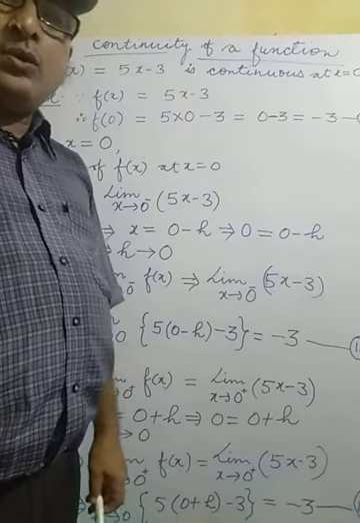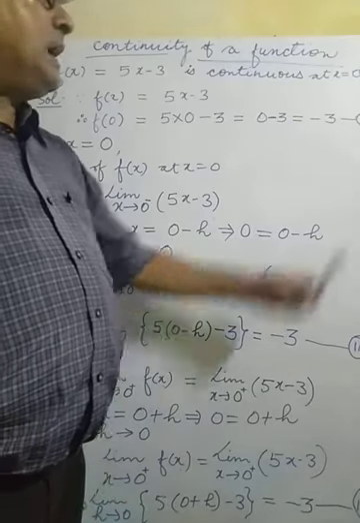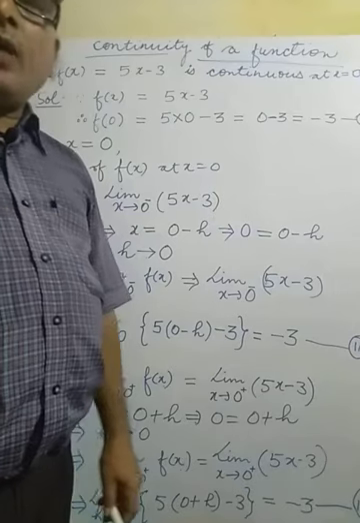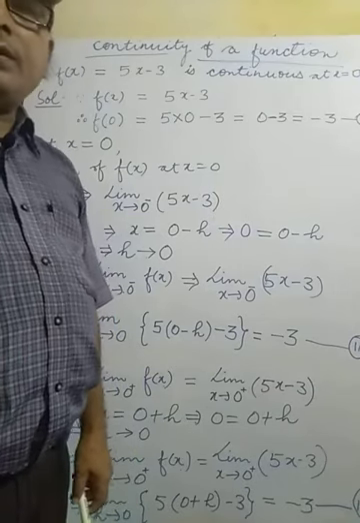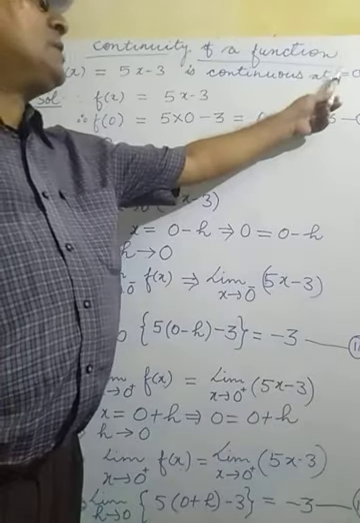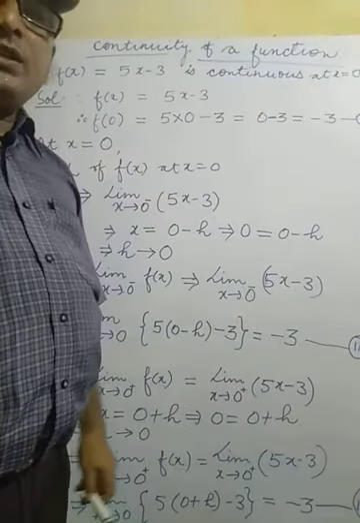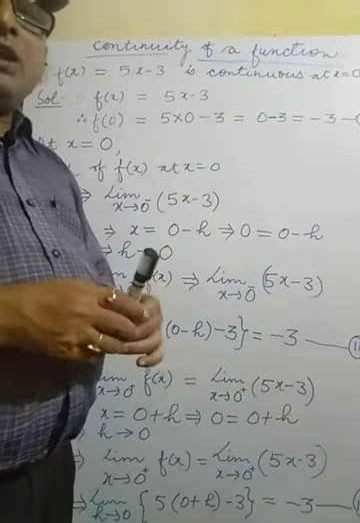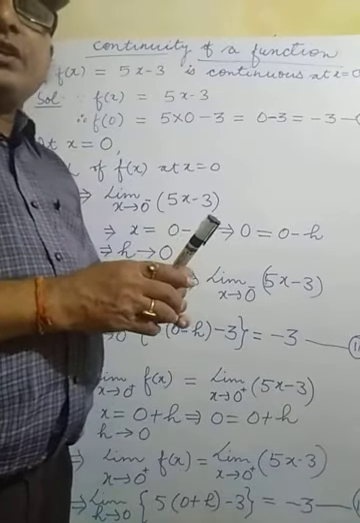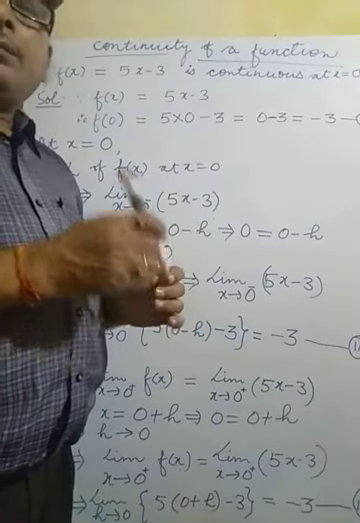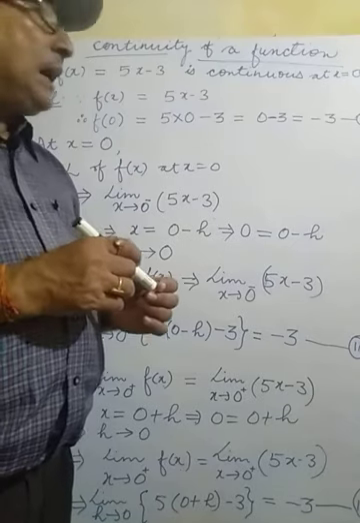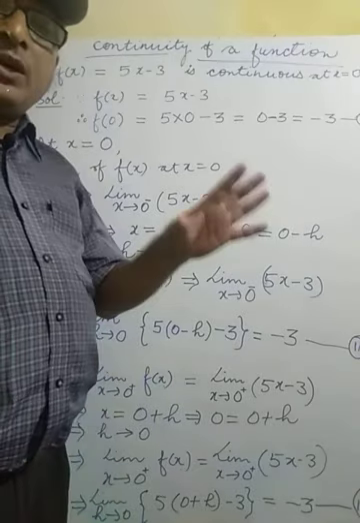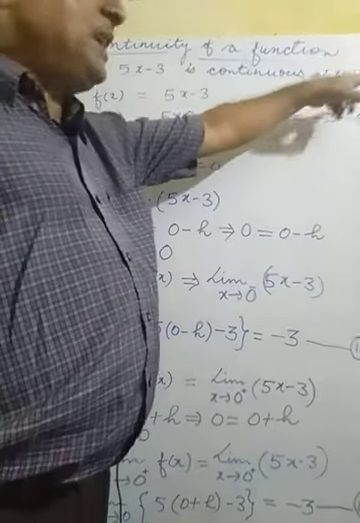Firstly, we have to find the value of the function at x equals 0, because the first criterion is to find the value of the function at x equals 0. What is the meaning of x equals 0? In the place of x, we have to put 0, and after calculation, whatever value of the function comes, that is the value of the function at x equal to 0. Clear? It is the value of the function at that particular point.